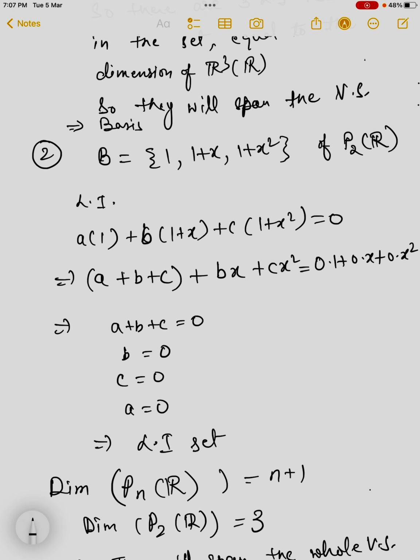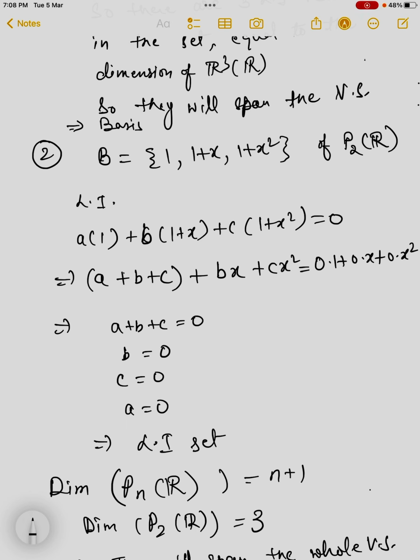So, let's take the linear combination of those polynomials and equate it to 0, and then combine like terms: write terms of x at one place, terms of x square at one place, and the constant term at one place, and equate each to the 0 coefficient.